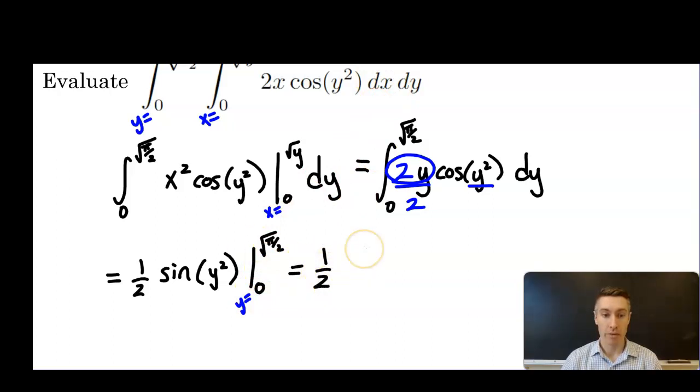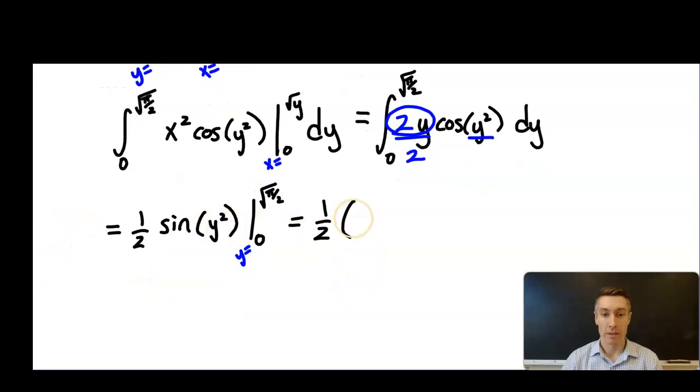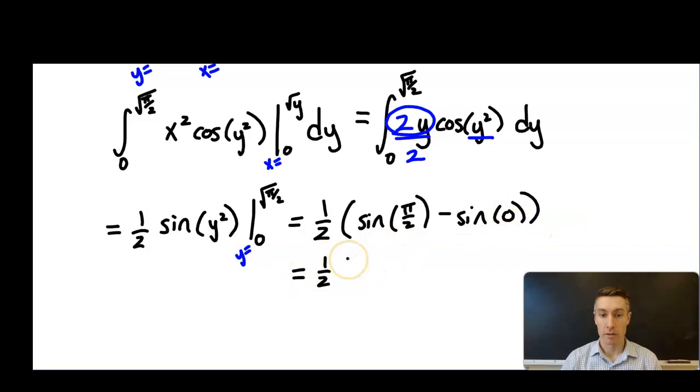So I'll factor out the 1/2. Then we have sine of the square root of pi over 2 squared, so that's just sine of pi over 2, minus sine of 0. So that's going to give us 1/2 times 1 minus 0, which is 1/2.